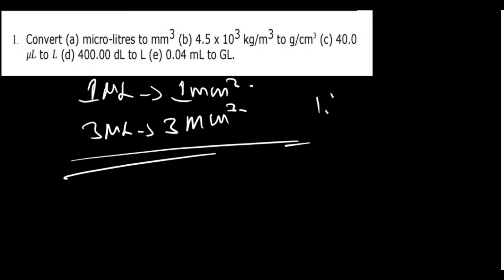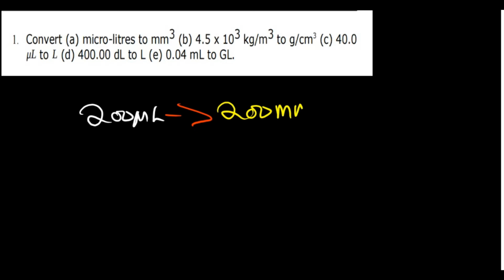Maybe let's say they give us 200 microliter. We want to convert this into cubic millimeter. So this is going to be 200 cubic millimeter. As simple as that. So for part A, it's just a matter of us saying 1 microliter is equal to 1 cubic millimeter.